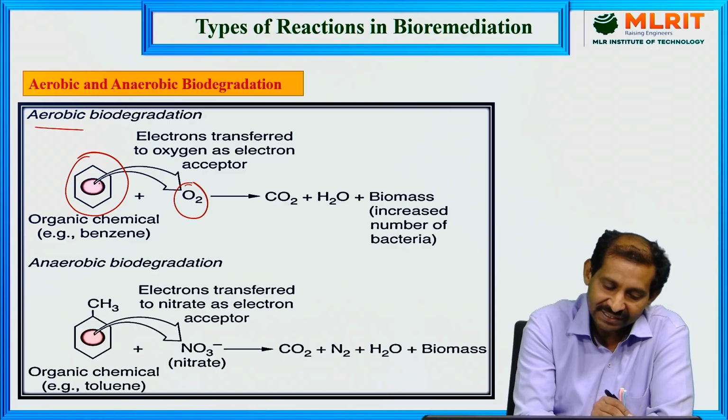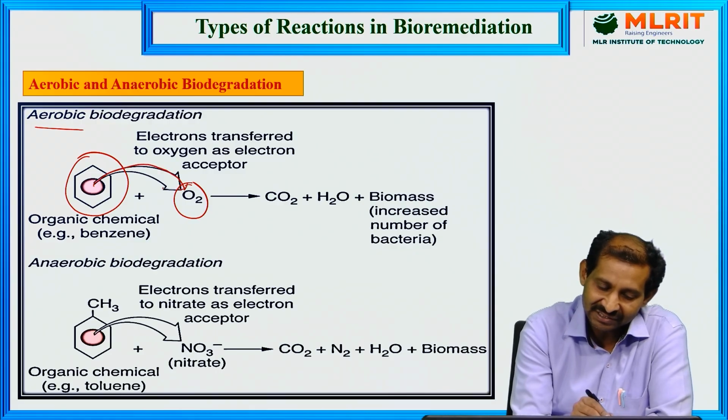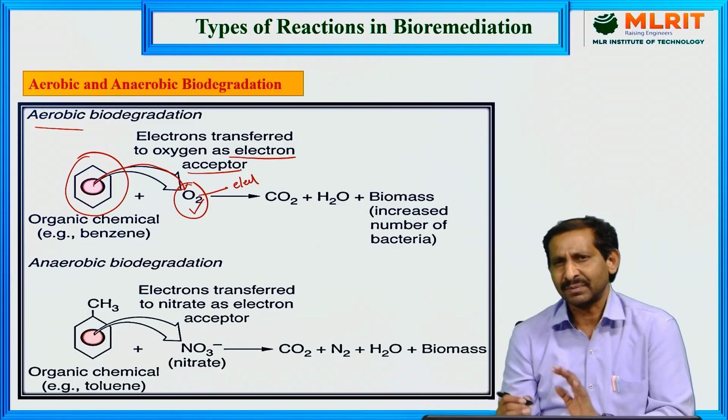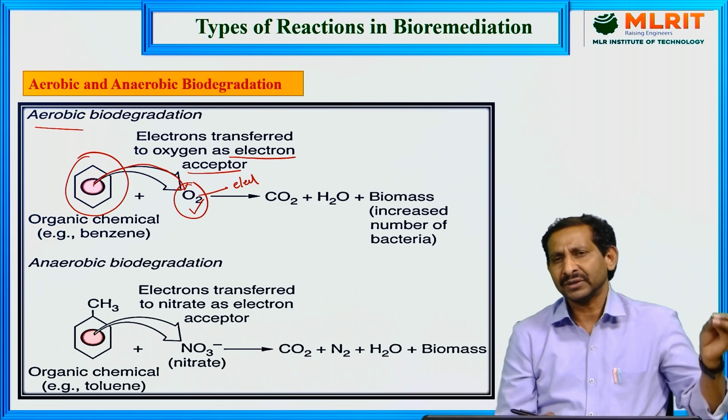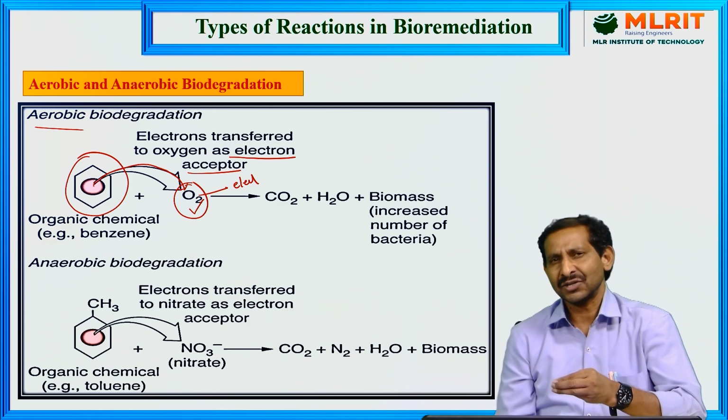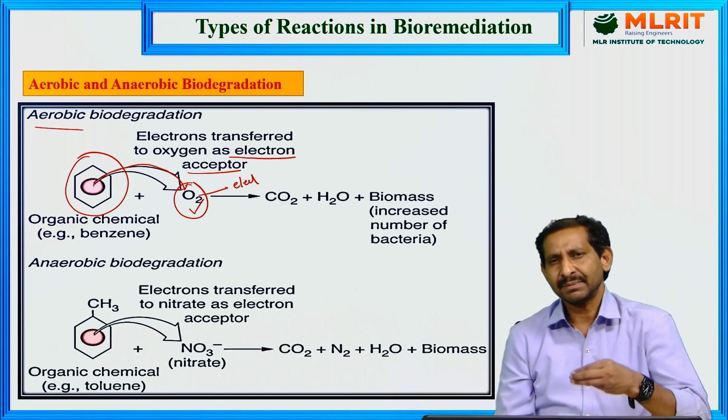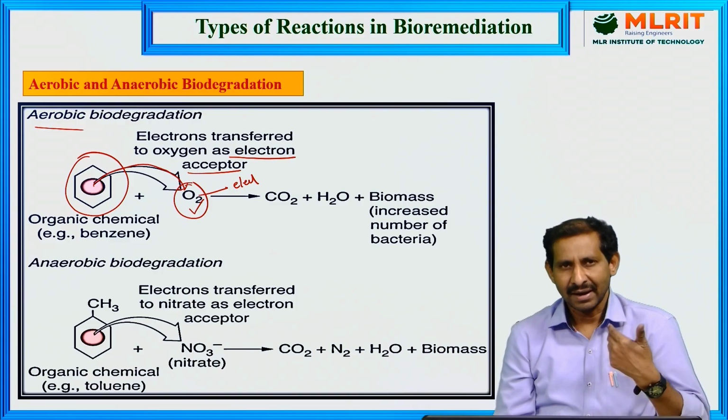Whatever electrons the organic substances release will be transferred to the oxygen. So here the oxygen works as an electron acceptor. Simply said, the electrons released from the organic compound are taken or consumed by the oxygen. So oxygen is an electron acceptor.